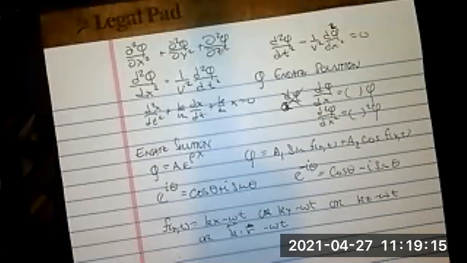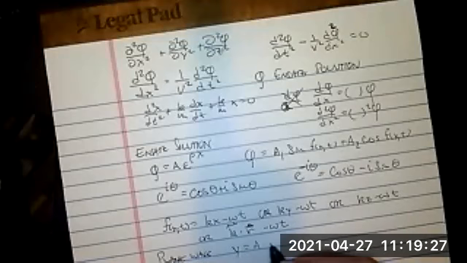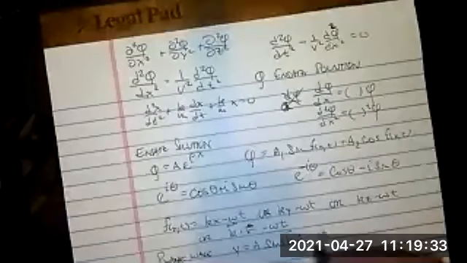Okay, so generally what we'll say is a plane wave can be equal to y equals a sine of k dot r minus omega t.